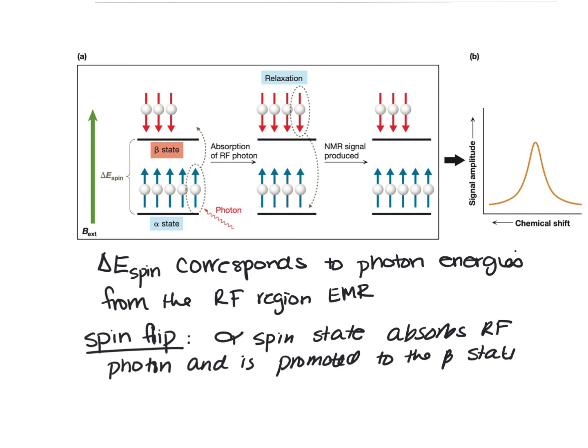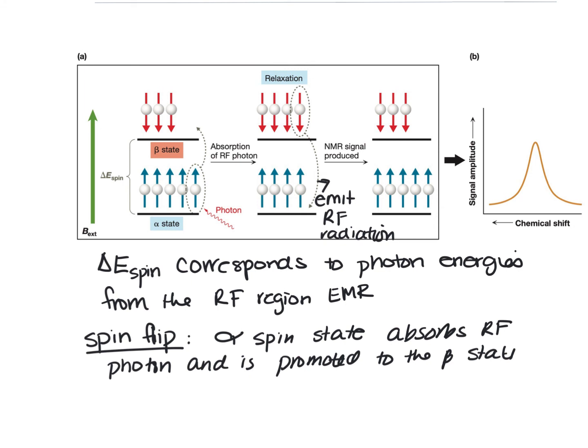When the promoted proton in the beta state relaxes back to the alpha state, it's going to emit RF radiation. And when it emits that RF radiation, that's when an NMR signal is produced.